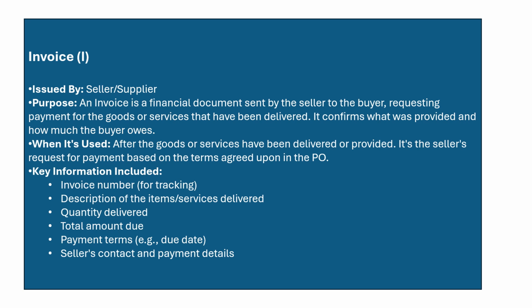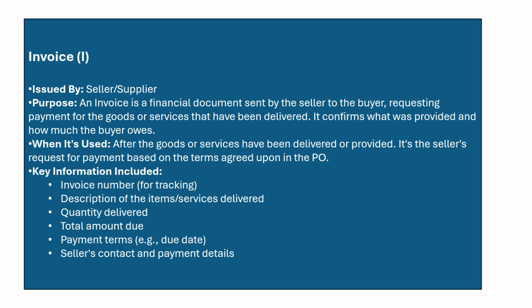After that, the seller will confirm how much they have provided. And when is it used? After the goods or services have been delivered or provided, the seller requests payment based on the terms agreed upon in the PO.